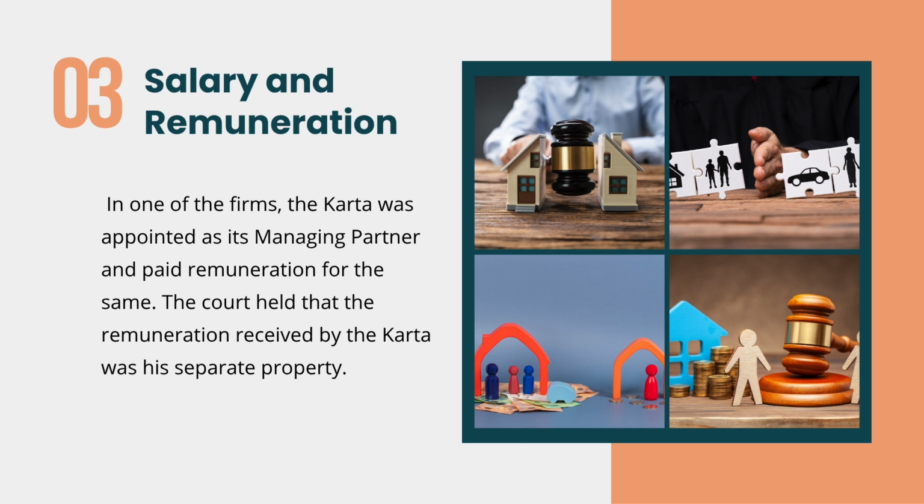In one of the firms, the Karta was appointed as its managing partner and paid remuneration for the same. The court held that remuneration received by the Karta was his separate property. When a co-partner receives payment for his services, it becomes his own property rather than the joint family property.